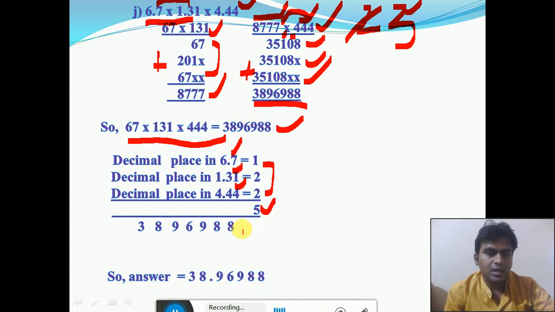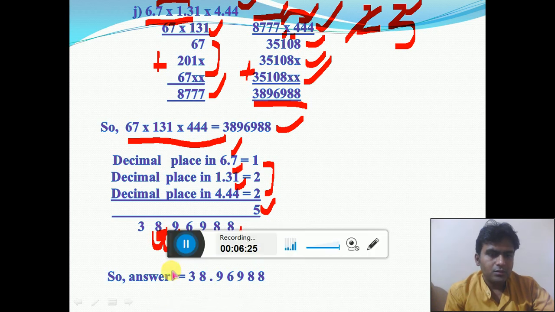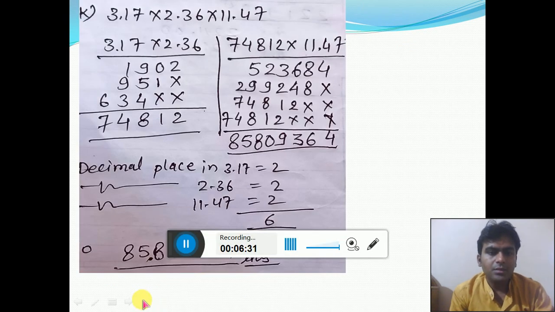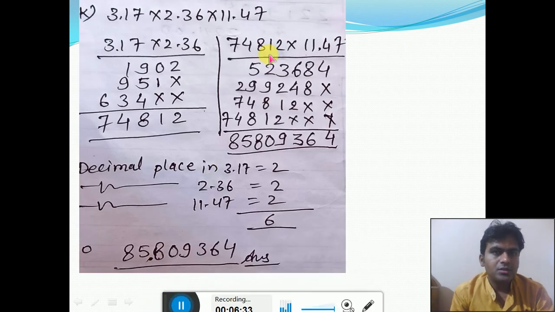So I start from the right side, 1, 2, 3, 4, 5 places. Here I will put the decimal point. So the answer is 38.96988.